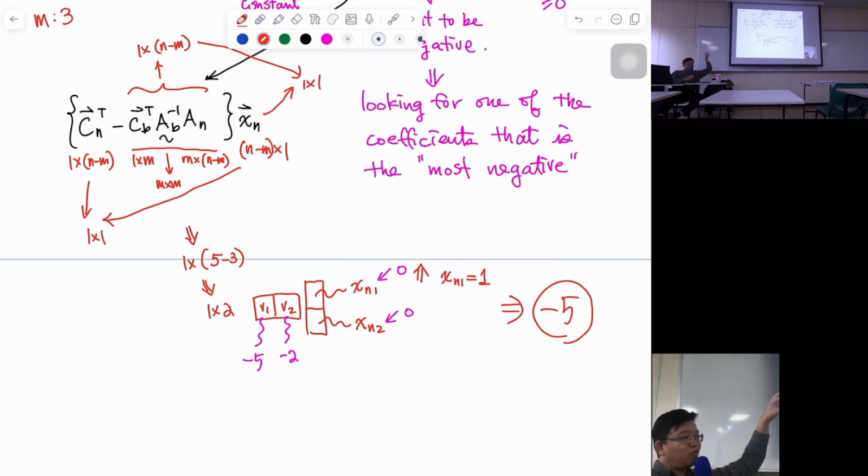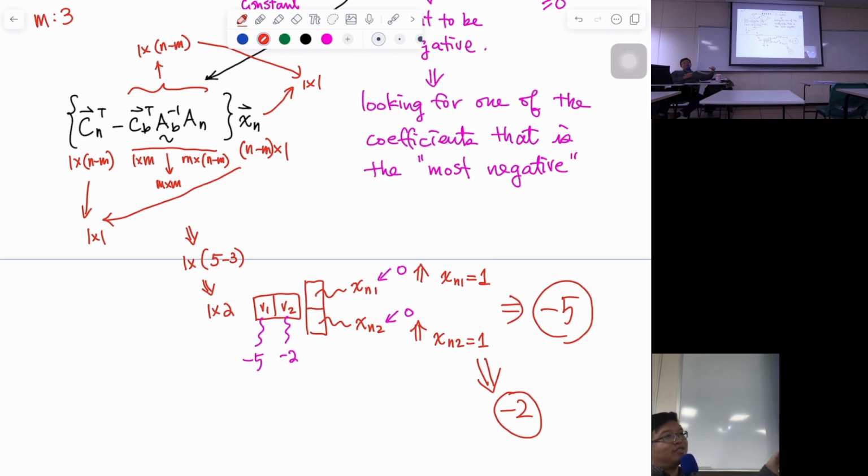Because originally x was 0. If I allow xn1 equals 1, the objective function becomes -5. So I decrease the objective function. The goal is to minimize f. So I need to know, should I increase xn1 or xn2? If I increase the second one, I allow this to become 1. In that case, the objective function only decreased by 2. So it's a slower decrement.